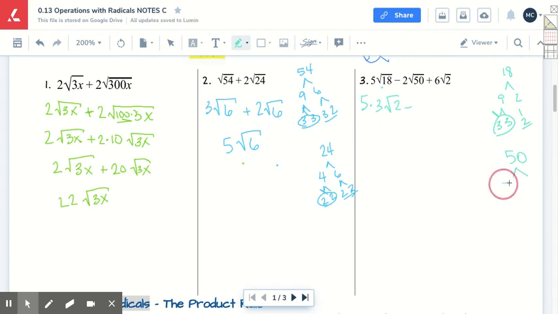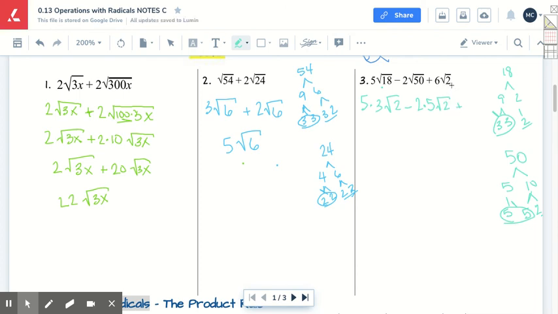I think 5 and 10 perhaps. 5 is prime. 10 can be broken down into 5 times 2. So that means I have a pair of 5s. So I can pull out 1 5 for that, and that leaves a 2 left over. So this would be the 2 that was already there times the 5 that I pulled out for the pair. And then I've got a square root of 2.